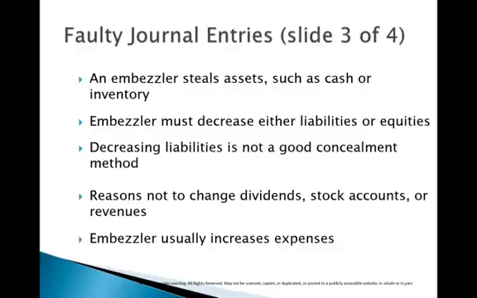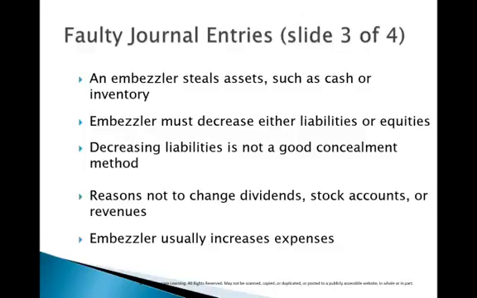So they want to debit an expense and credit the asset that they stole to get the asset off the books. And the best way to do that is to increase an expense. It's hard to decrease a liability because that's eventually going to get caught, because there's a third party that you owe that money to, and it's hard to change that amount. And so decreasing liability is not a good scheme.